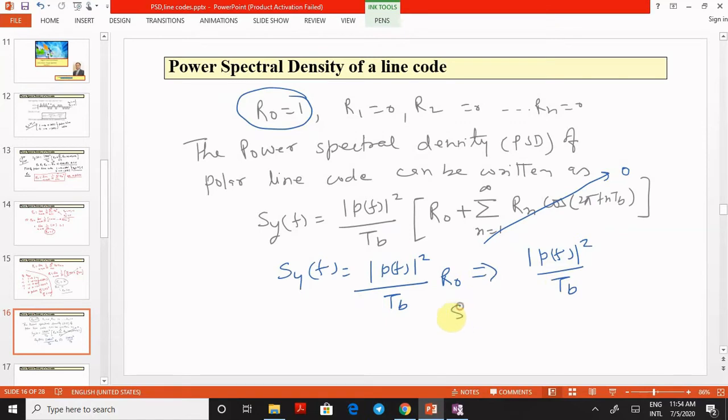So this is the situation that S_y(f) can be simply written as mod of P(f) square upon TB. This is the power spectral density of polar line code.